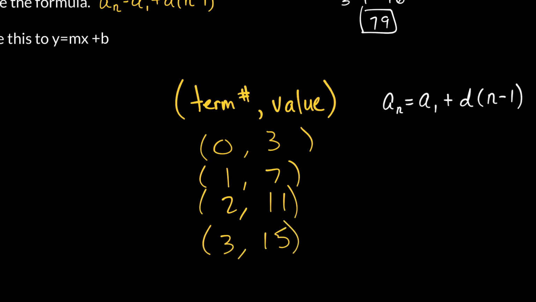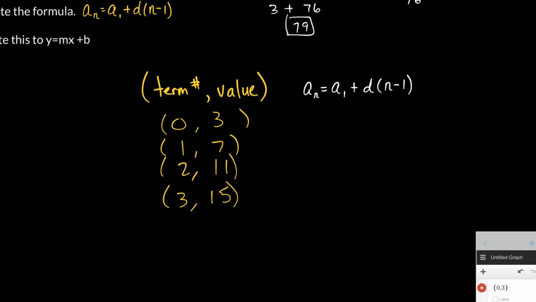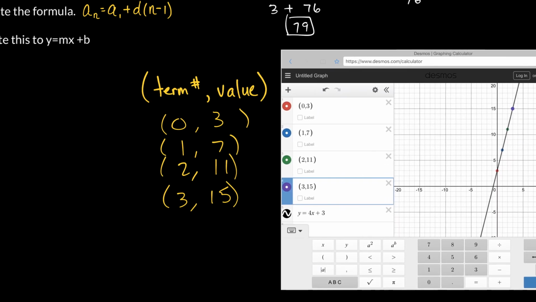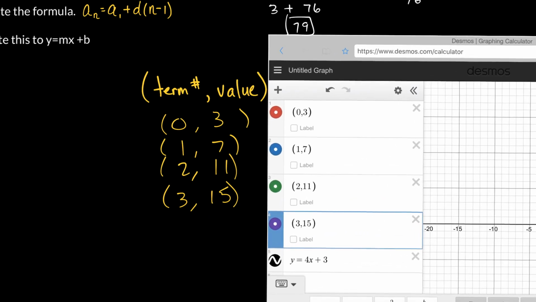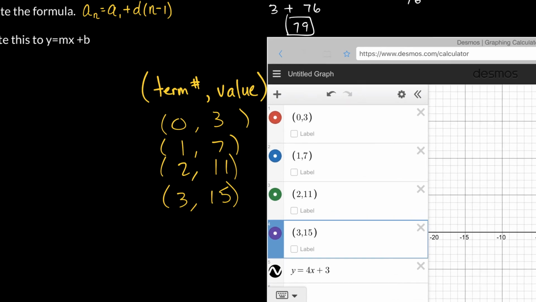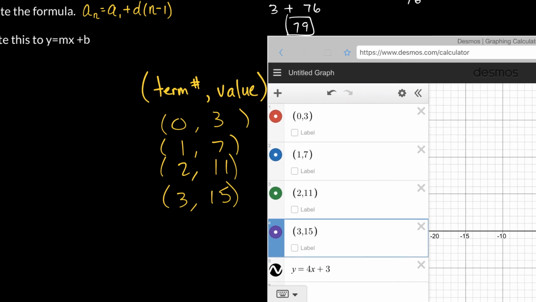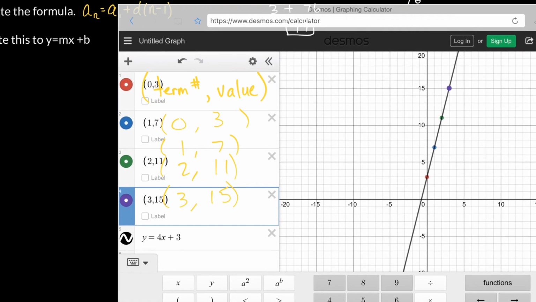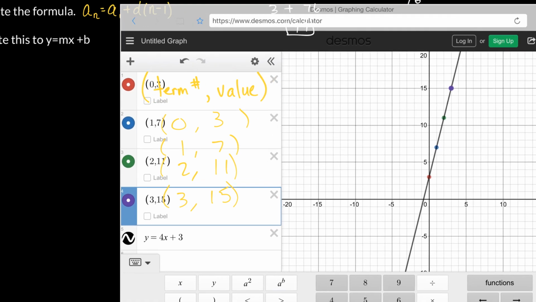And we're going to plot these values now, and I have that plot. I have Desmos here, and these points: 0, 3 right here, 1, 7, 2, 11, 3, 15. I'm going to make this a little bit bigger and bring it to the front.